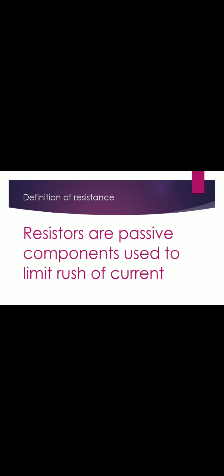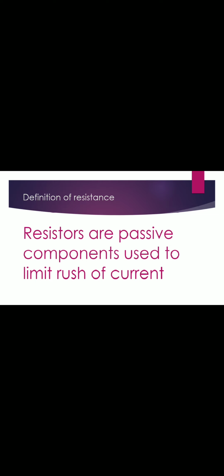We know that we have two types of components in physics. One is called an active component and the second is called a passive component. Active components are those components that produce energy. For example, I have a battery in my hand.